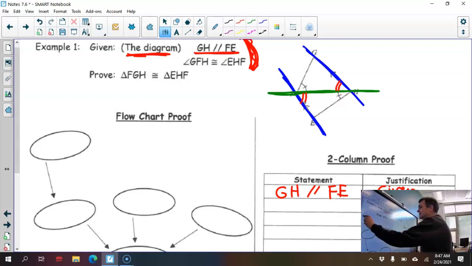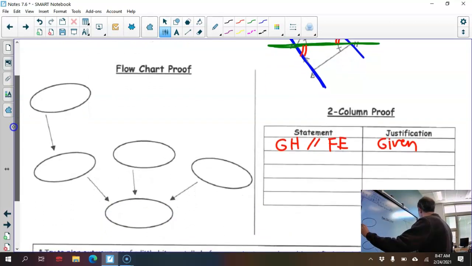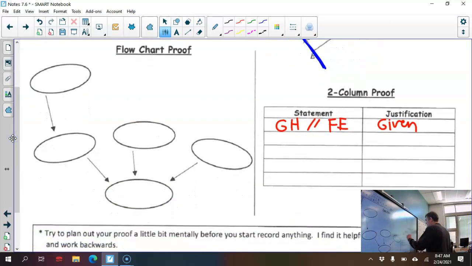All right, so my next step in the proof is going to be those two angles. I'm going to say, let's see, that angle GHF is congruent to angle EFH. Did I get that right? And the reason I like you to put is this.